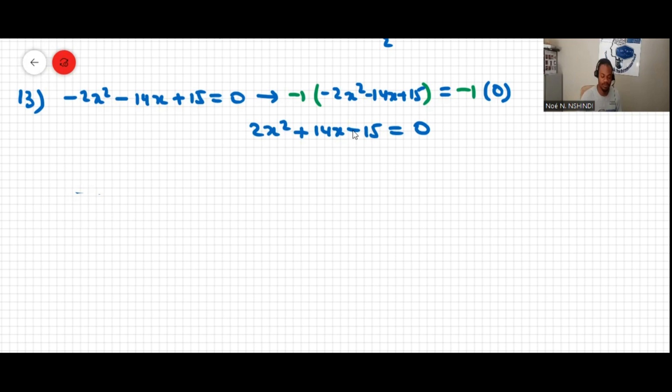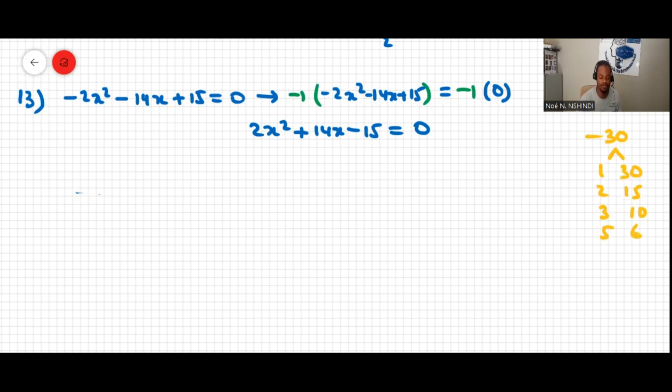We do 2 times negative 15. Excuse me, this will be negative 30. And then we can list the factors of 30: 1 and 30, 2 and 15, 3 and 10, 5 and 6.